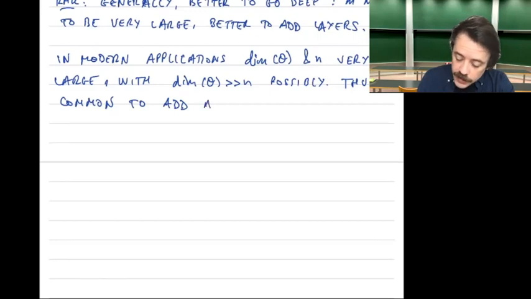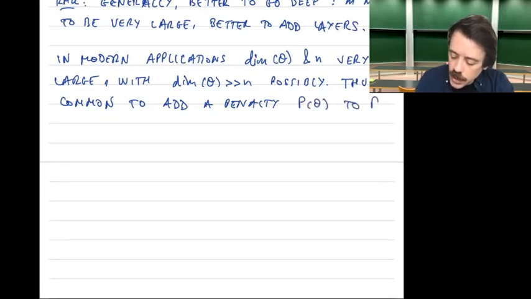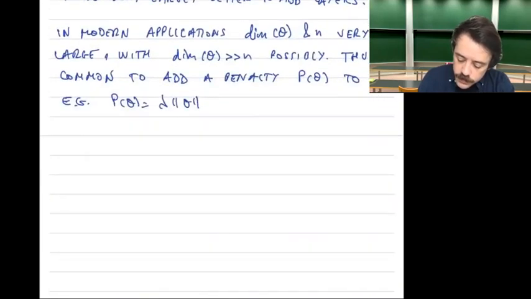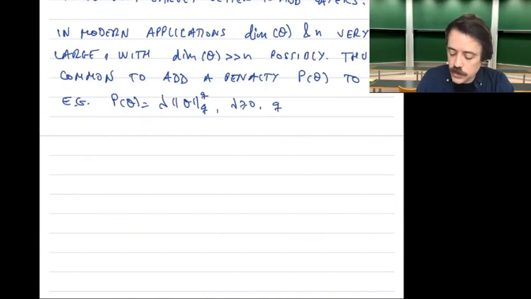So common to add a penalty term p theta to r theta. Okay, such as the usual ones that we've seen. Yeah? P theta being lambda, and then the Q norm of the parameters, with Q being not 0, 1, excuse me, 1 or 2.